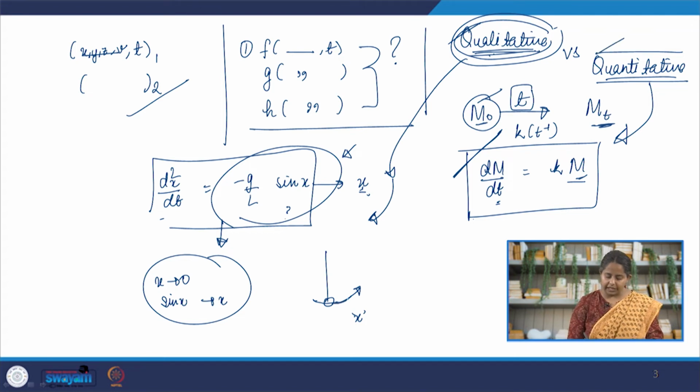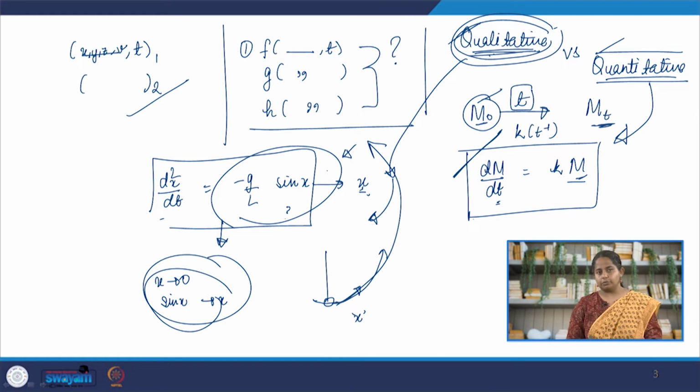However, what happens when x is sufficiently large? What happens when x is very large? When you make this assumption, you will not be able to predict how the pendulum is going to behave when the initial displacement is very large. So this is where the qualitative approach comes in. Since we have all played with pendulum-like toys in our childhood, we know intuitively how a pendulum moves.